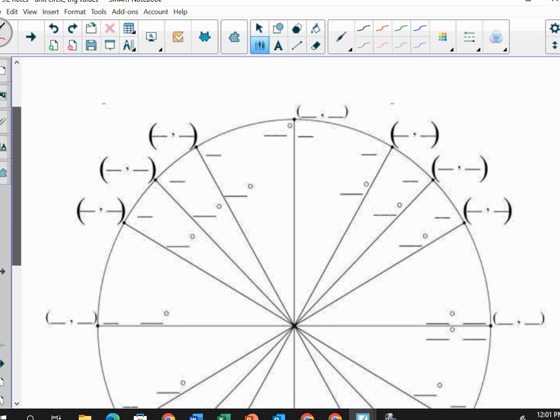I'm going red, green, blue, and purple. Guys, I've got colored pencils up here if you need them.